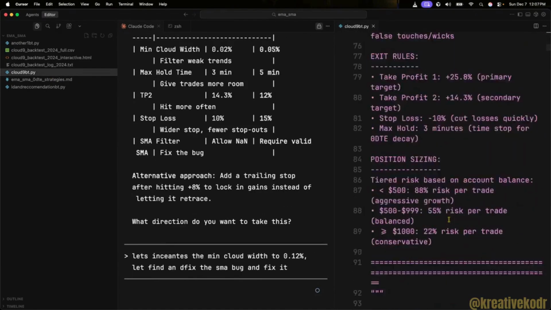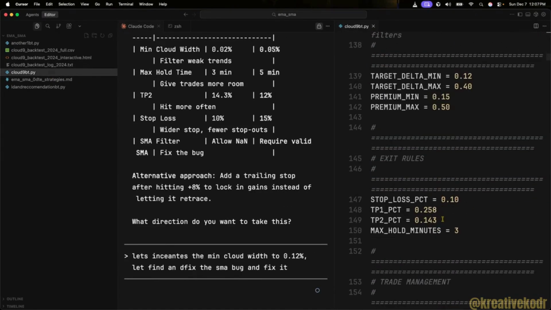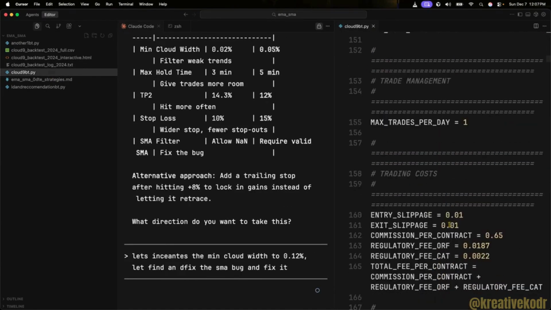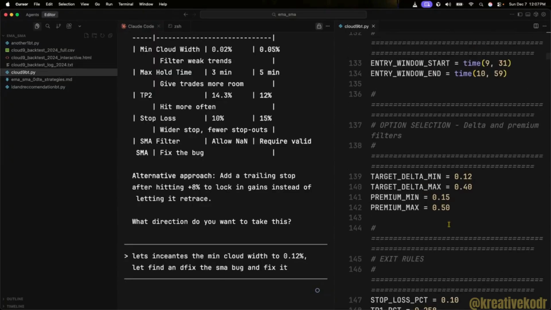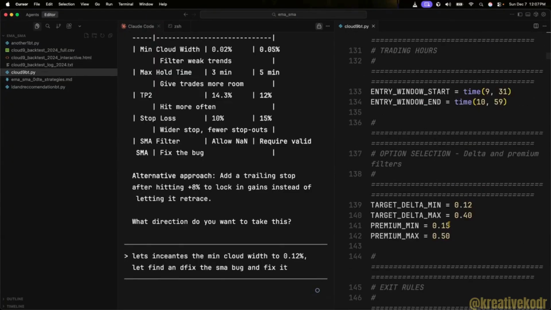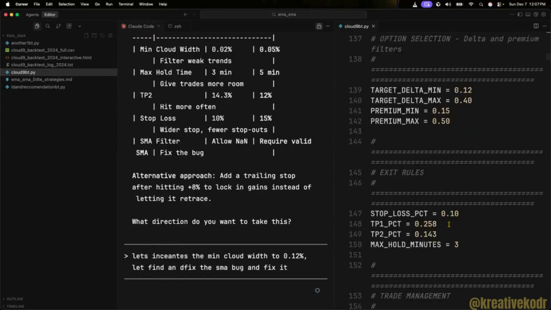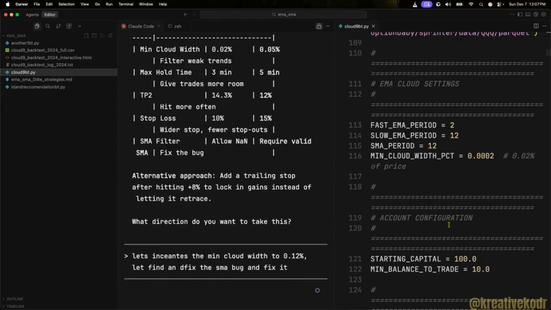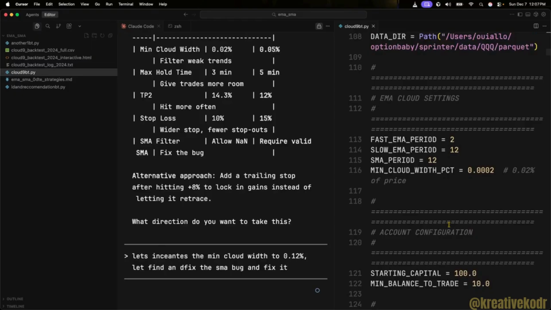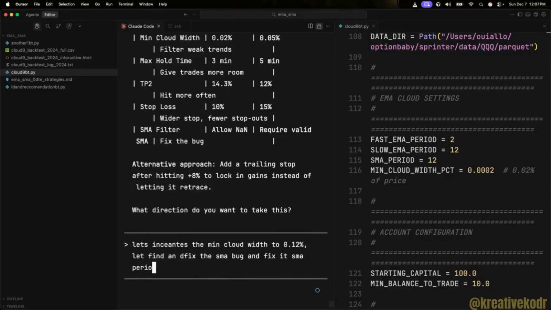All right, hold on, what else do I want to do? I want to keep everything else the same because I think we're legit good. All right, and then the SMA period, let's go from 12 to 8 and keep everything else the same.